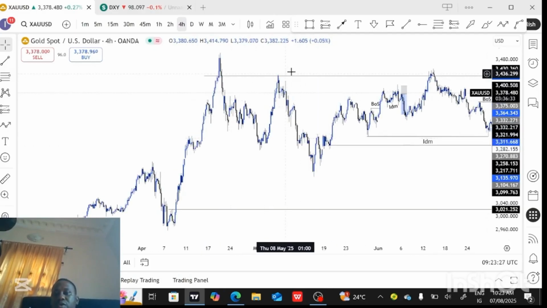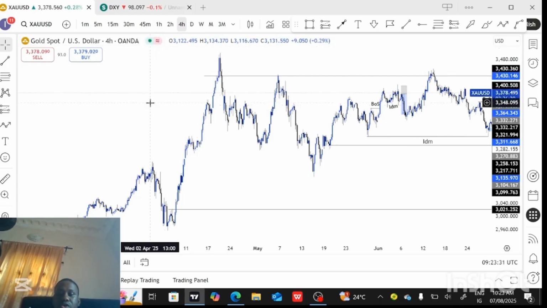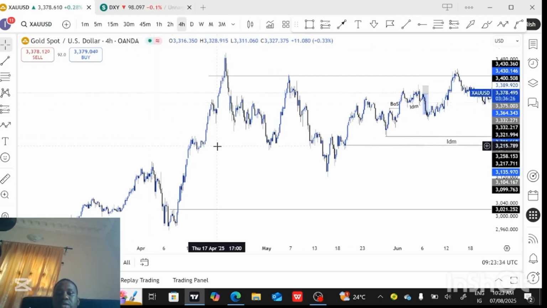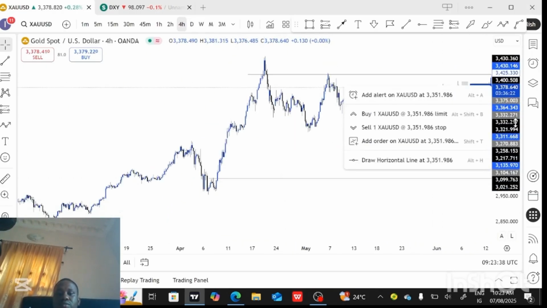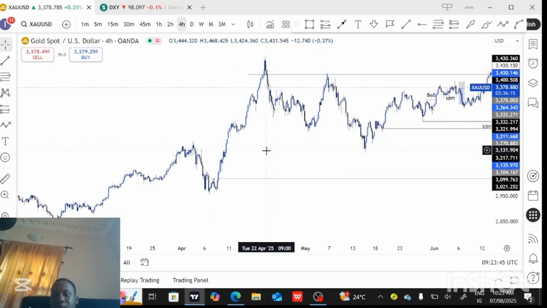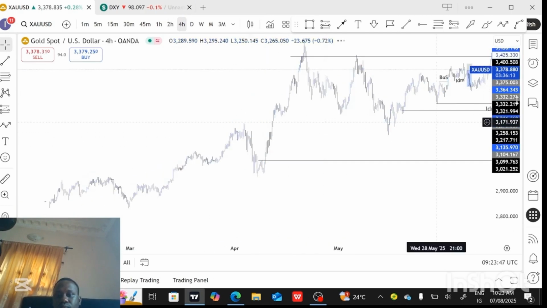The higher time frame will always win over the lower time frame. When you go to the lower time frame, you might be confused. You won't know the exact market trend. So the best way is to use the higher time frame, which is 4 hours, 2 hours. But I usually use 4 hours to identify my trends, right?